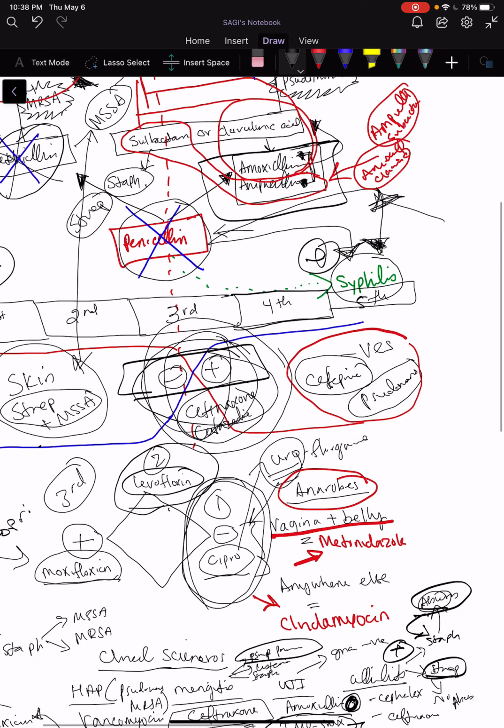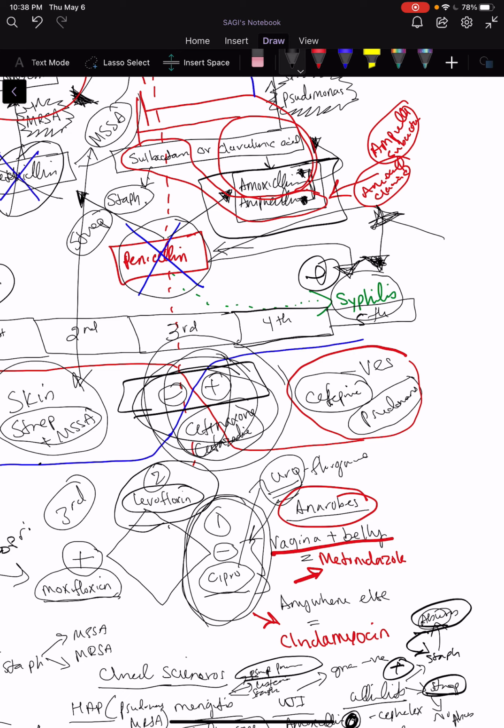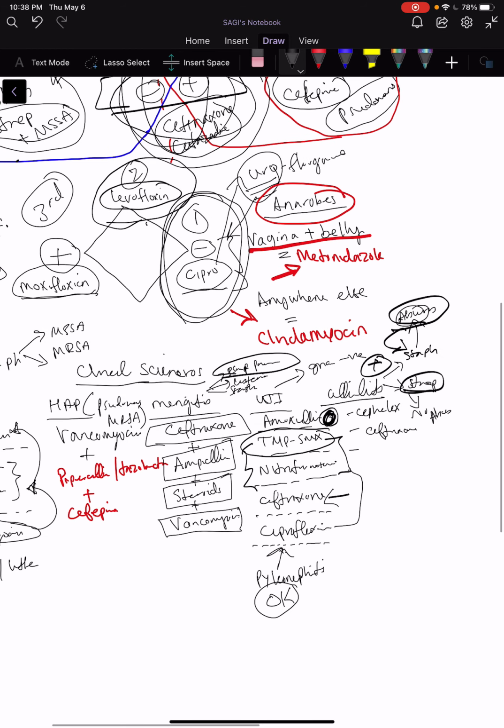Oh no, we got cultures and they're MRSA. They're not MSSA, they're MRSA. We can go Vanco. No, they can't do Vanco. We can go linezolid. All right, they went on linezolid and now we're going to discharge them. What can we send them home with?